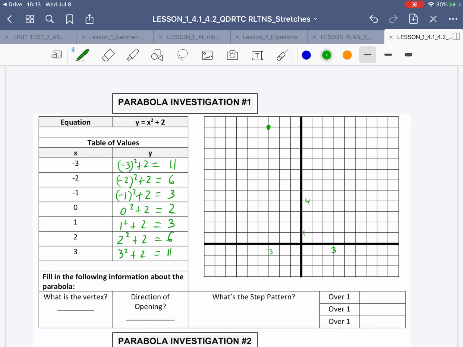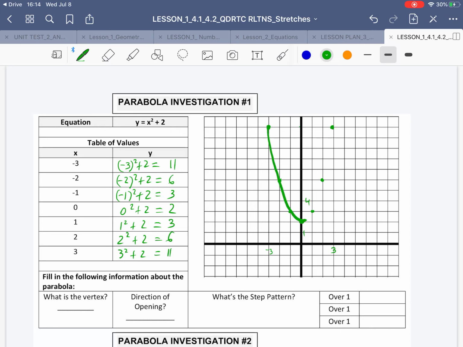X equals negative 2, and we have to go all the way to 6. X equals negative 1, y is positive 3. When x equals 0, y is 2. And the other side, we don't have to think hard because it follows the symmetry.